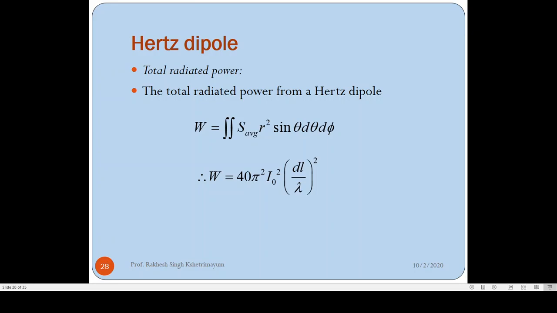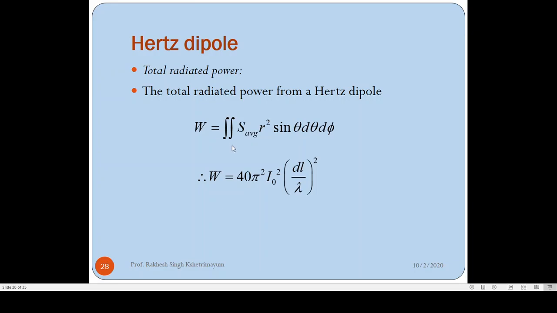So we find scale factor 2 d theta, scale factor 3 d phi, which is r square sine theta d theta d phi. So we have the power density S average. You just multiply by r square sine theta and integrate over d theta and d phi.